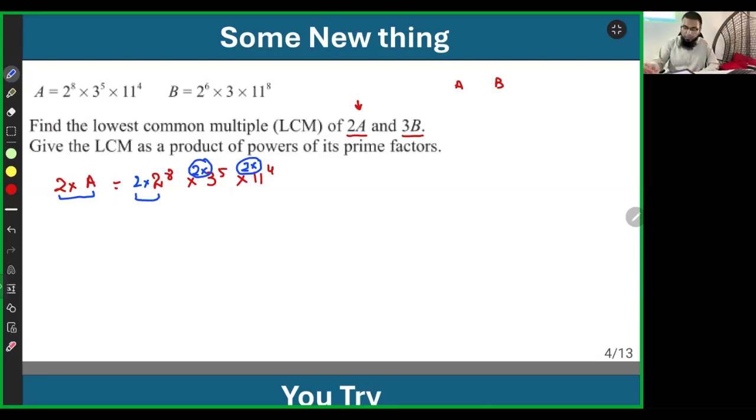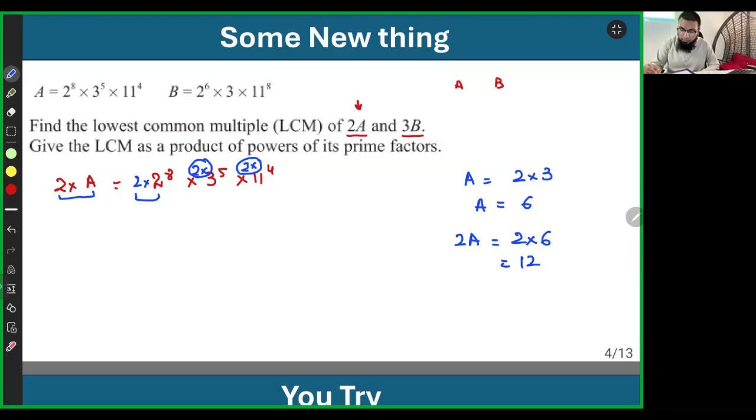Got it? So for example, मैं कहता हूँ मेरे पास a है 2 times 3. So 2 times 3 can be written as 6. What if I say that what is double of a? Yes. No, no, double of a. 2 times 6. Double of 6, that is 12.